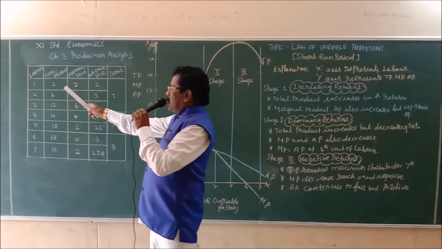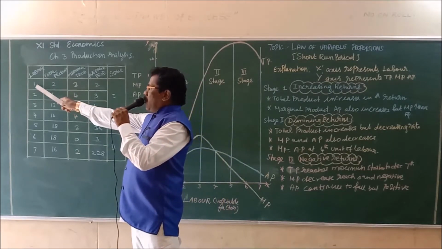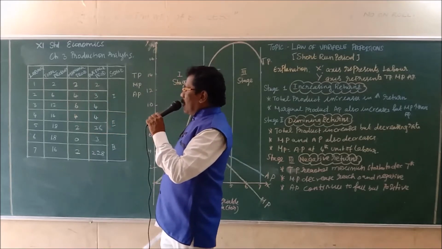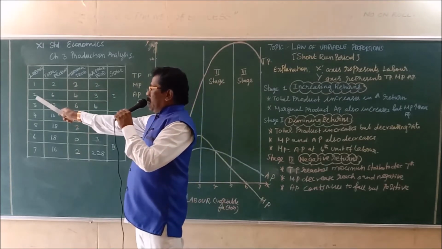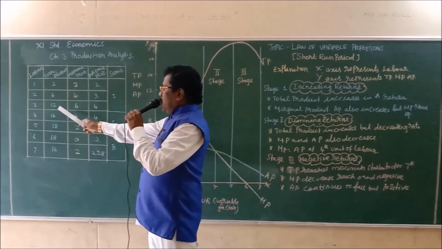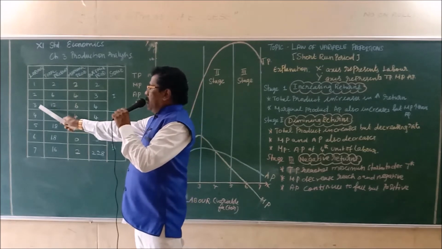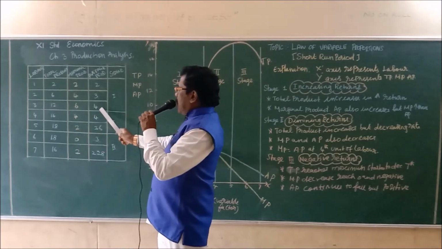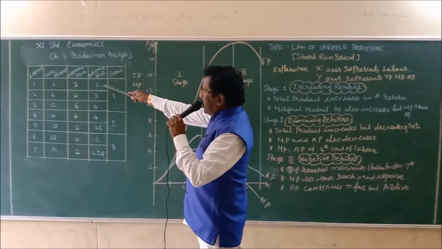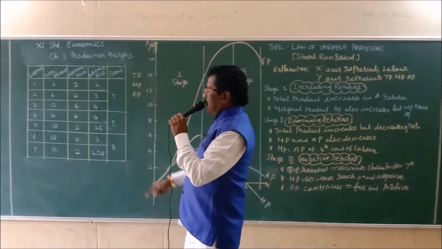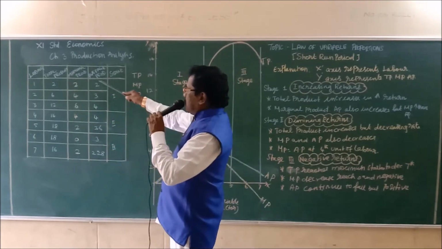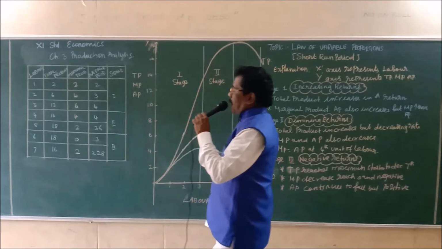So in our case, total production 2, labor is 1 unit, so 2 divided by 1 equal to 2. 6 units, 2 units of labor, 6 divided by 2 equal to 3. 12 units of output and 3 units of labor, average production is 4. Like this, you have to prepare the average production. So the first column is total production, the second column is marginal production, and the third column is average production.